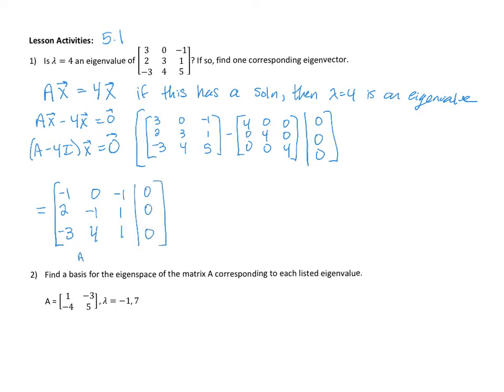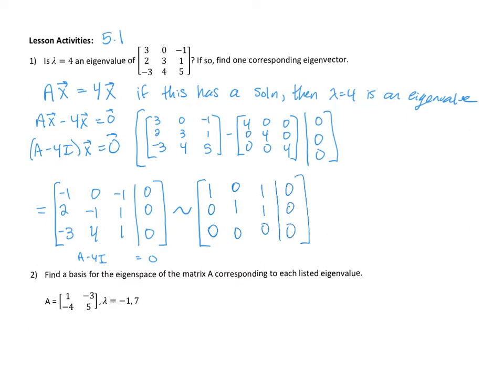So this right here, this is A minus 4I. And I'm setting it equal to 0. And so I row reduce. And we get 1, 0, 0, 0, 1, 0, 1, 1, 0, 0, 0, 0.